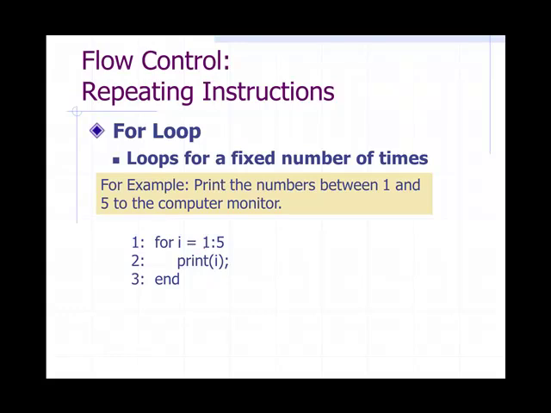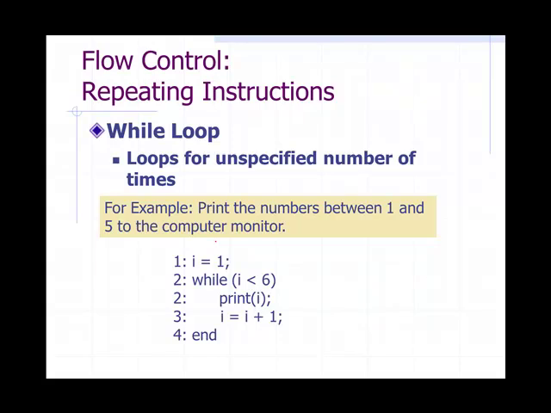For I equals 1 colon 5, print I. So this is going to print 1, 2, 3, 4, 5. It's going to start at 1, and it's going to end at 5. And the variable I is going to print out. So every time through the loop, I changes, it's incremented to the next level.